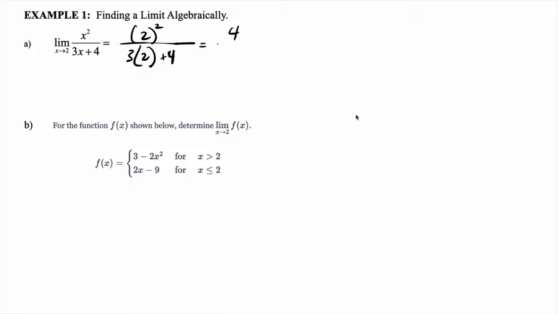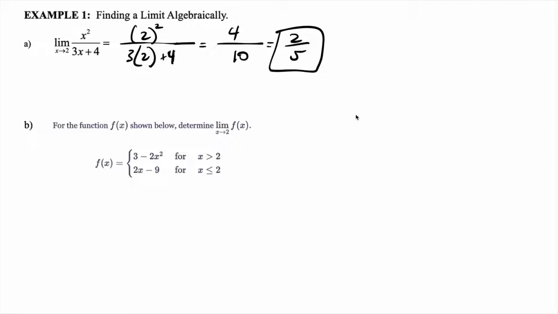I get 4 over 10, which equals 2/5. That's a number. 2/5 is a value. I'm good. I'm happy. Move on. The limit as x approaches 2 is 2/5. So that's one of the rare ones where you plug in, it works. Good.